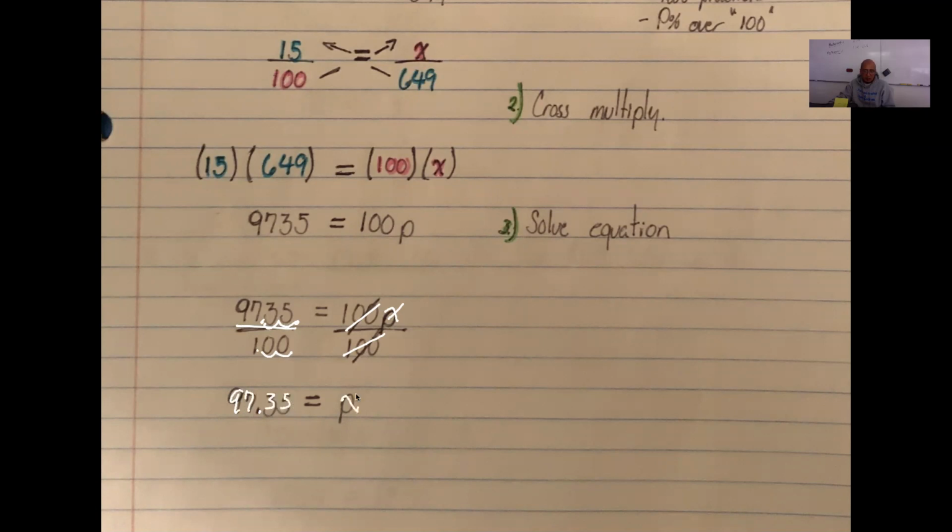That is going to be the value of my variable. Now, if you don't believe me, go ahead and work that out. You can actually do 9,735 and divide that by 100. You will find that your answer is going to be $97.35 either way once you work it all out. Again, when you're dividing by 100, it's like moving the decimal to the left.